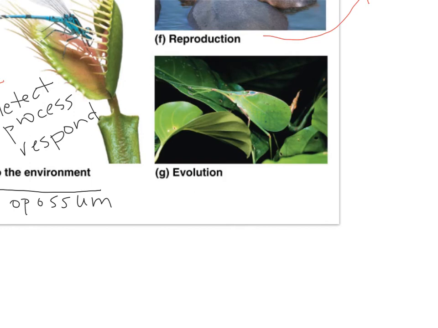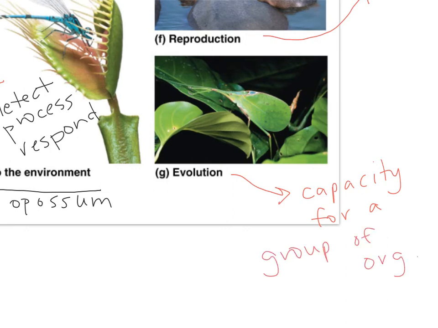And then the last one is evolution. And this one, probably we need to put on it the qualifier that there is a capacity for a group of organisms to evolve. Single organisms on their own don't evolve. Populations evolve.